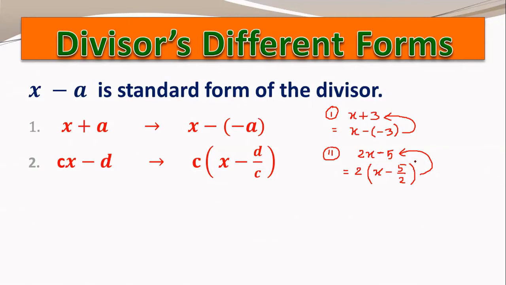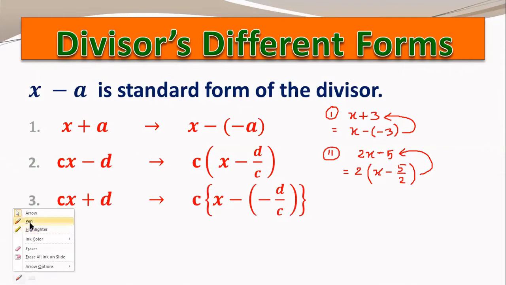Now let's go to our third divisor form, the cx plus d form. This form only differs by sign from the second form, cx minus d. I would like to clarify this with one example. Suppose our divisor is in the form, for example, 3x plus 2.